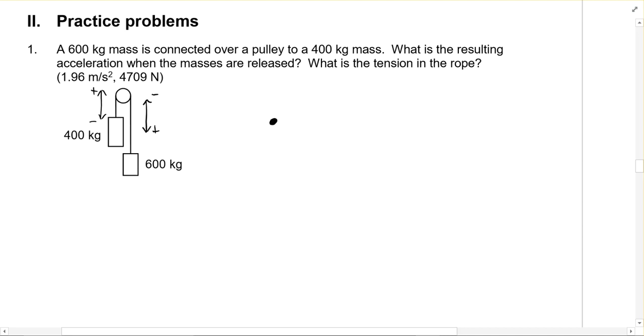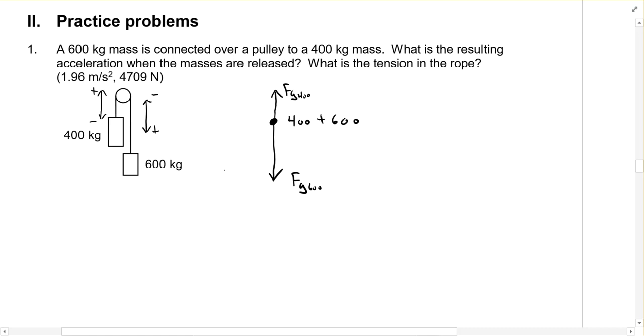So make a dot, and this is for both of them together, the 400 plus the 600. And going downward is going to be the force of gravity of the 600 one. And then going up, we're going to have the force of gravity of the 400 kilogram one.